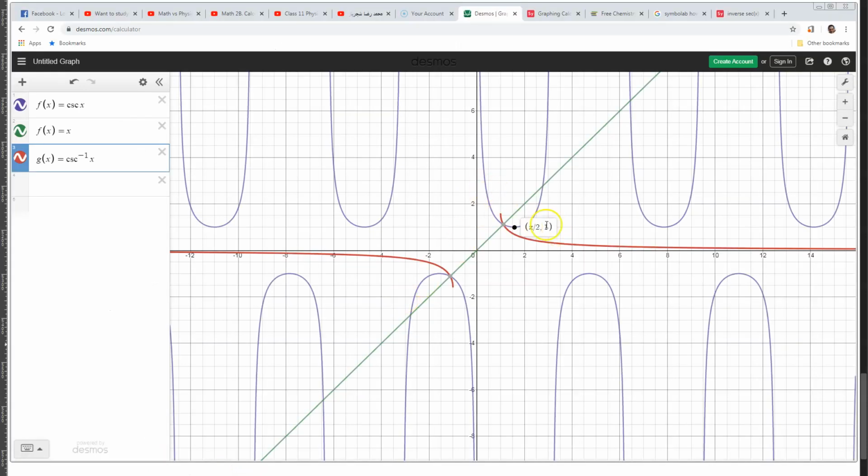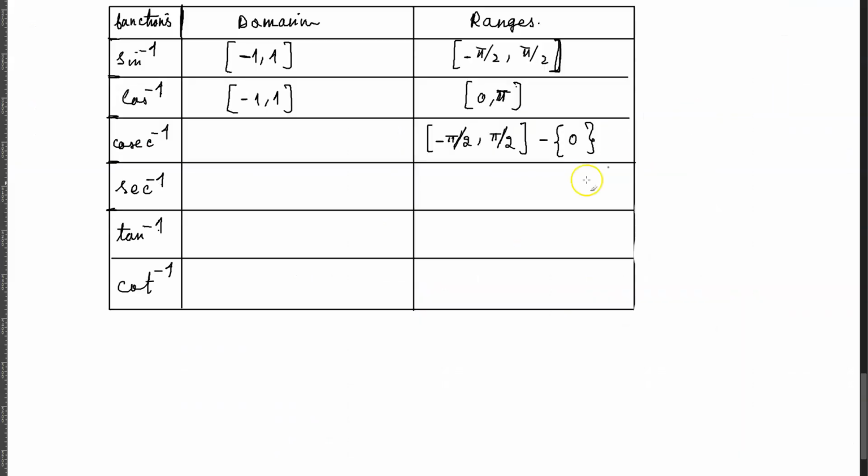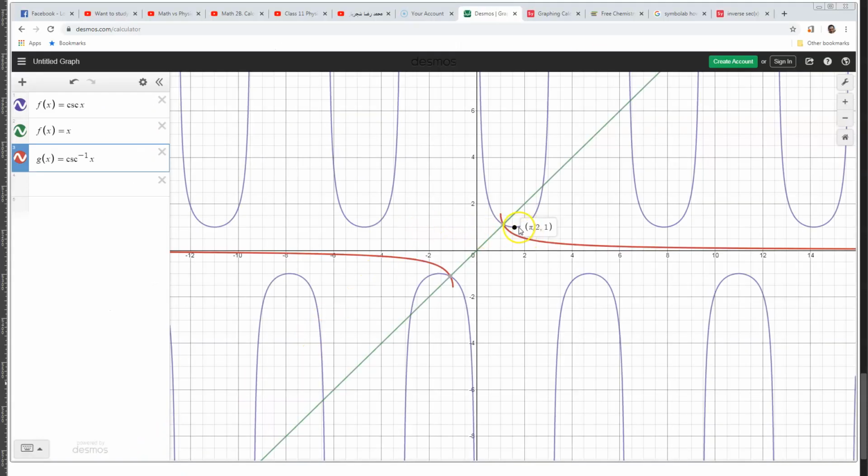Moreover, over here we said that since we wanted to determine the domain of this function, the cosecant inverse, we have to go for the range of the original function.